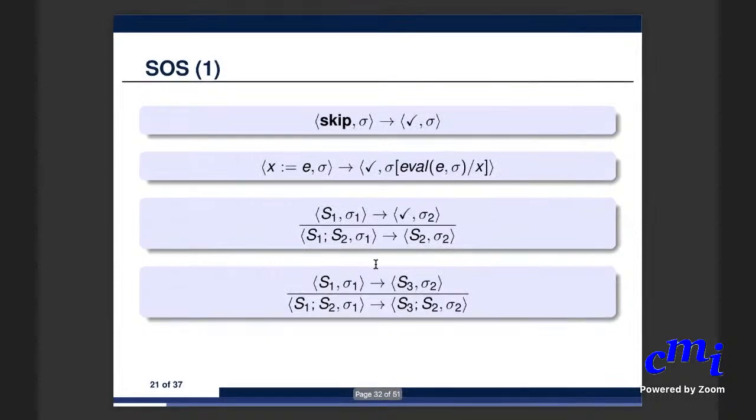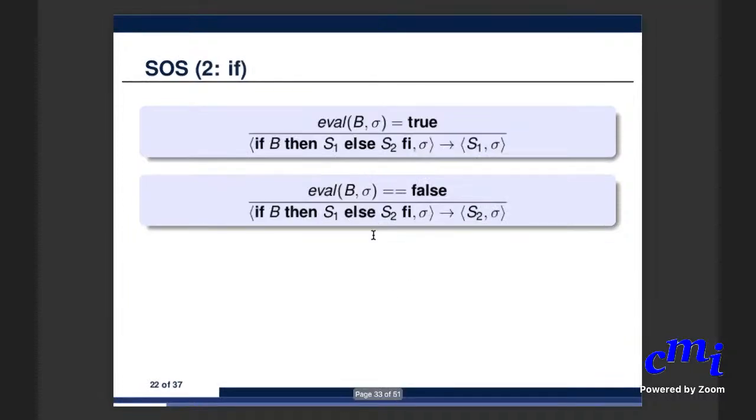So you will recognize why S1 of sigma 1 can yield another program. For example, if-then-else is a command which has an expression and two subprograms. If the eval of B in sigma is true, then the result of executing this if-then-else is the result of executing the then part, and that's what this is saying.